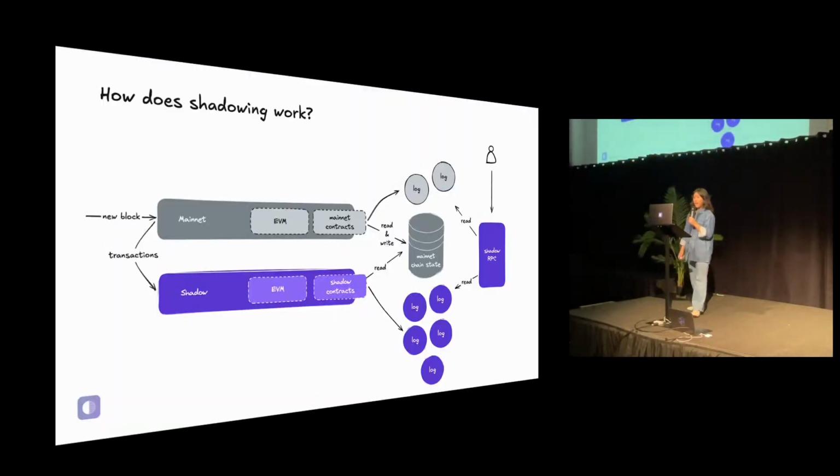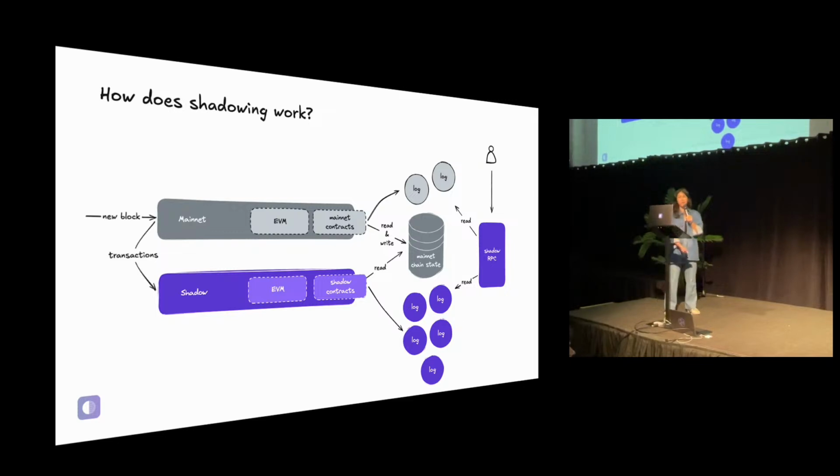So at a high level, the way that this works is when a new block happens on mainnet, we instantly re-execute the same mainnet transactions from that block in an off-chain execution environment.